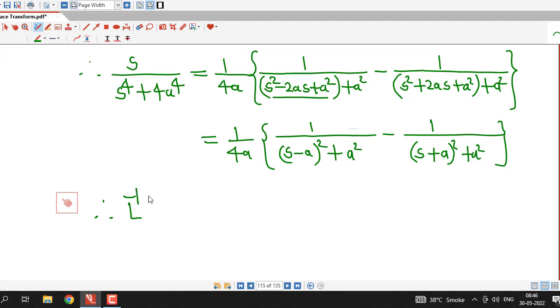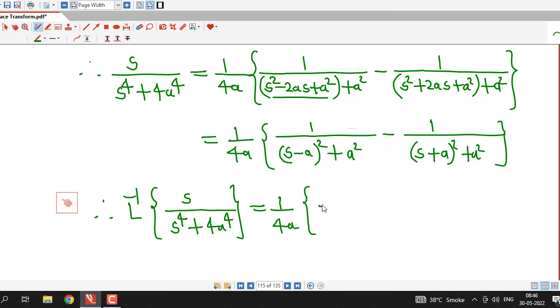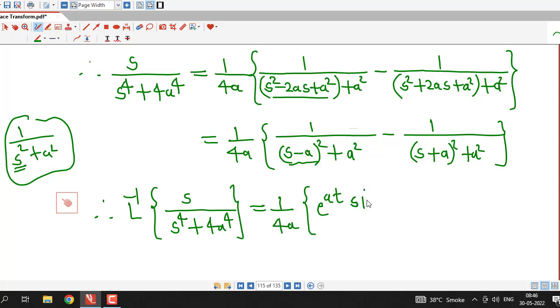Therefore L inverse of s divided by s raised to 4 plus 4 times a raised to 4 equals 1 divided by 4a. We have s minus a, therefore we multiply by e raised to at, and if we compare with 1 over s square plus a square, instead of s minus a, if we consider s, then we have 1 over s square plus a square, and the inverse Laplace transform of this is sin at divided by a.